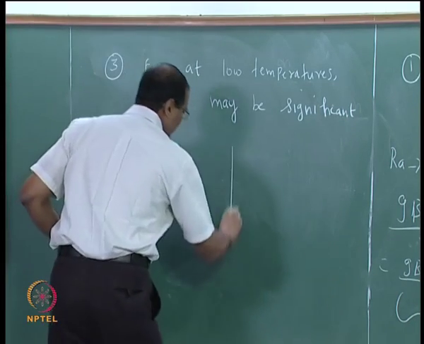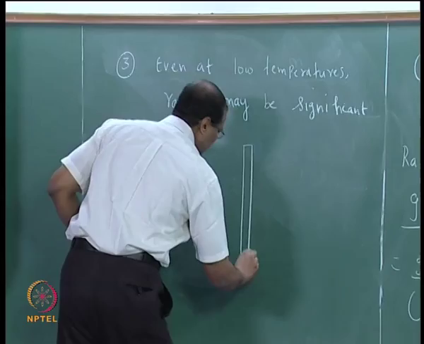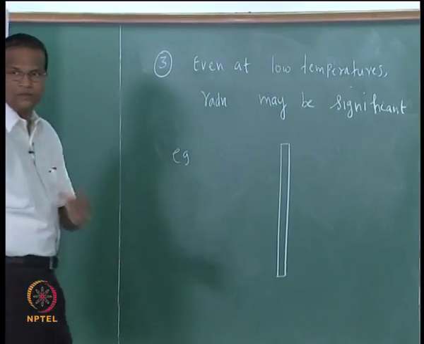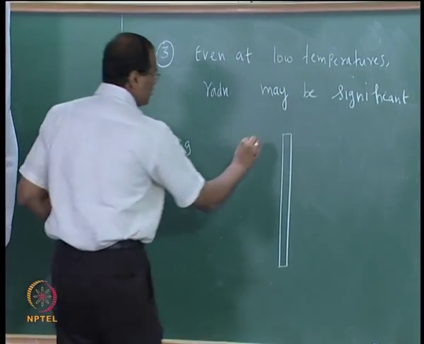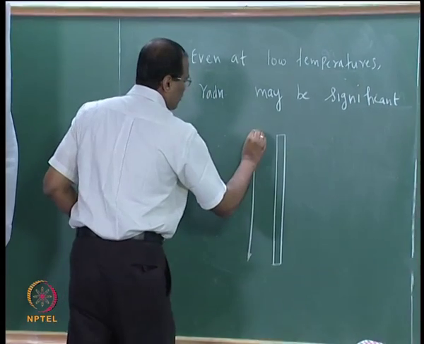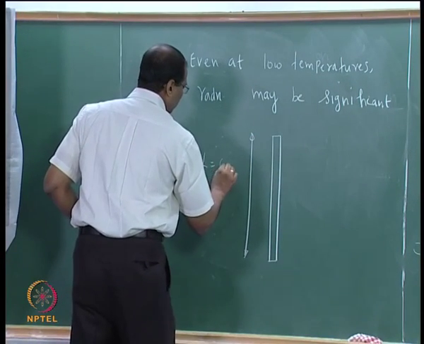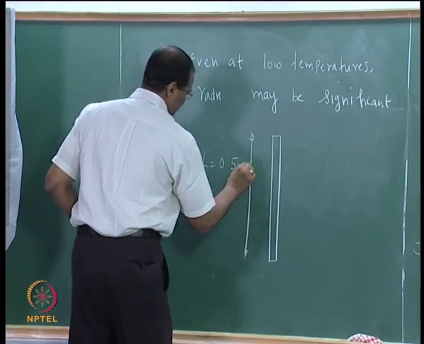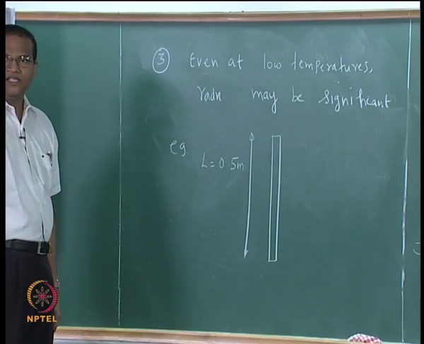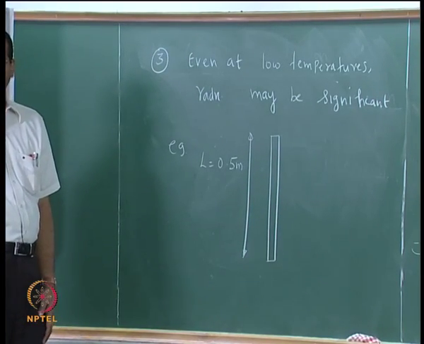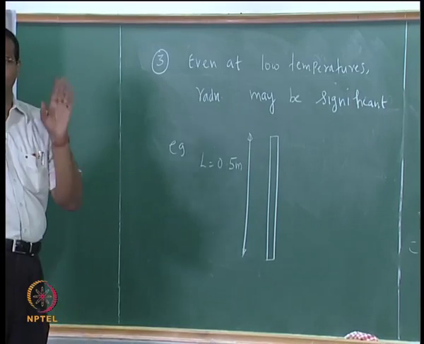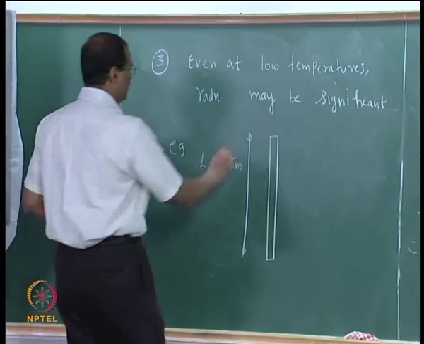Let us take a vertical flat plate, let us say L equal to 0.5 meter. This glass plate is maintained at 100 degrees centigrade. Again, you do not ask me how it is maintained, somehow I am maintaining it at 100 degrees centigrade.